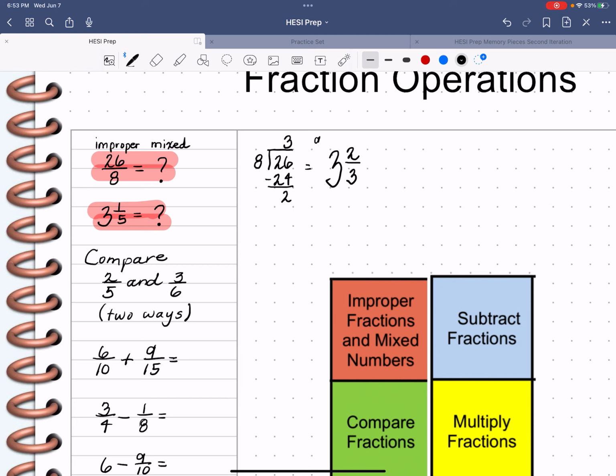So the 3 is the quotient. And I'm sorry, I've already made a mistake. It's 3 2/8. The 2 is the remainder. And the 8 is the denominator you started with, which is also the divisor.